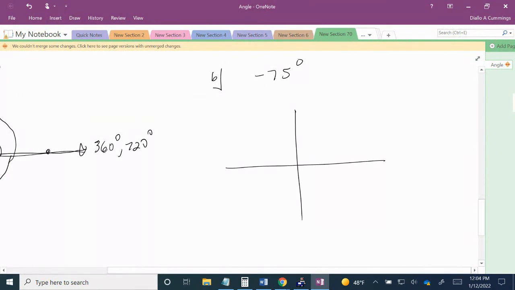Keep in mind, since we're dealing with a negative angle, we have 0, negative 90, negative 180, negative 270, and one complete revolution back at negative 360. We're going to have it in standard position. Negative 75 degrees would lie in the fourth quadrant.